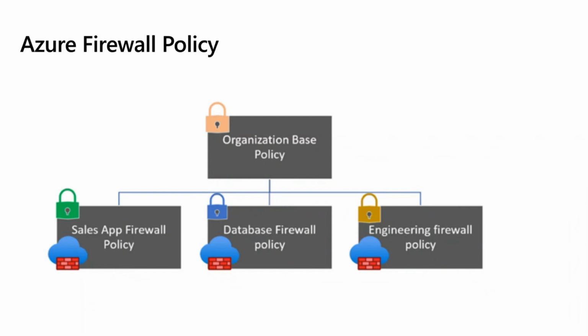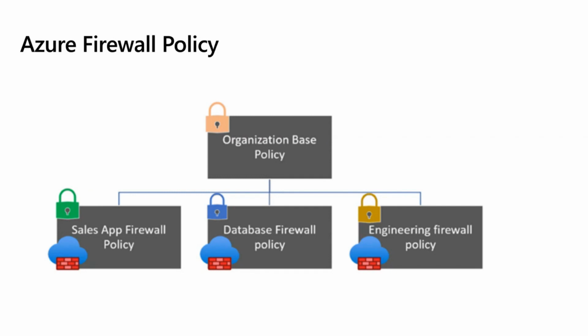There is an ability to have a parent-child hierarchy with these policies. Like at an organizational level, these IPs, this kind of traffic should be blocked. You can put that in your parent policy. Create a policy with that, and then create a new policy, attaching that global policy as the parent policy.